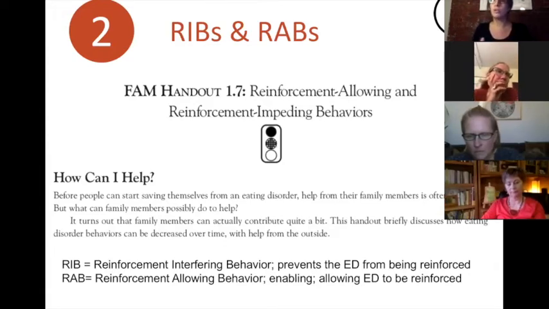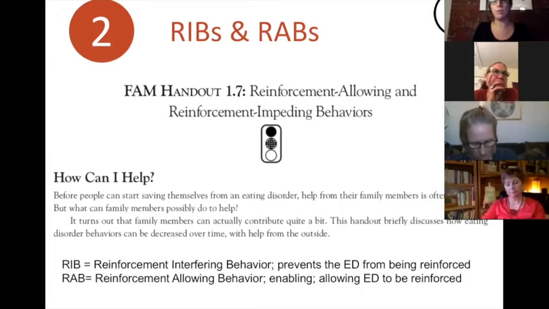So what we want to do with family treatment is make sure that a parent is interfering with the eating disorder being reinforced. And this is kind of a global concept that we talk about in lots of different ways. I think that it helps the parents to understand what their aim is. So you can think of it as not enabling, essentially.